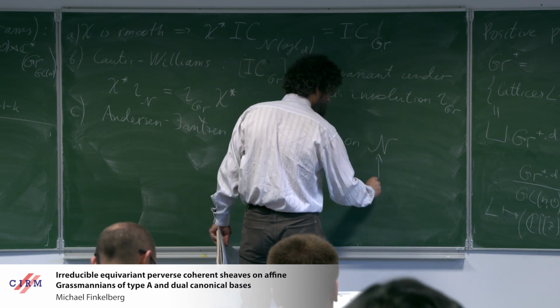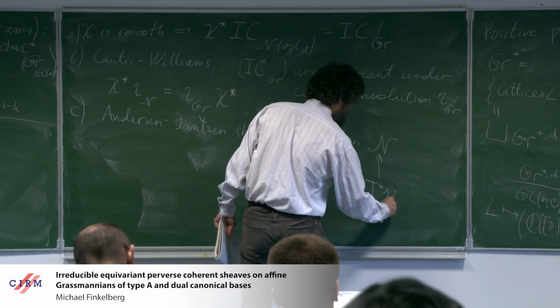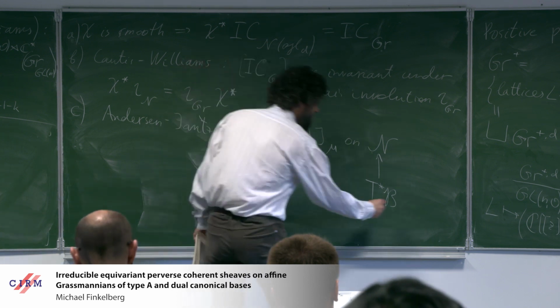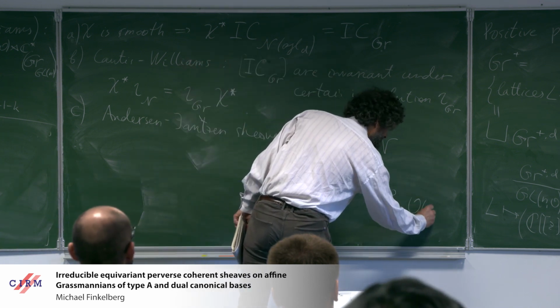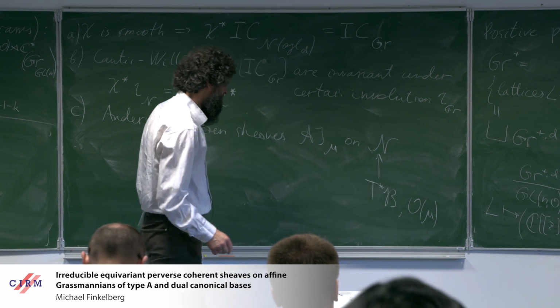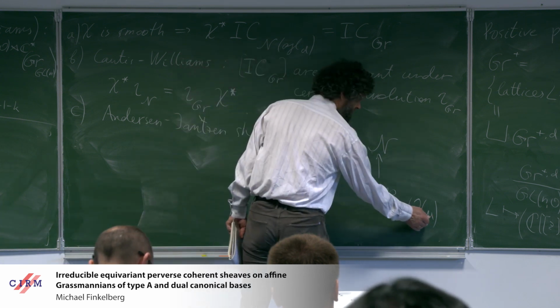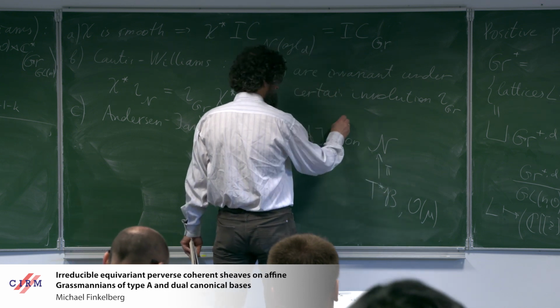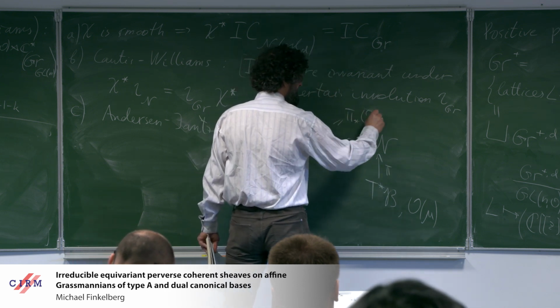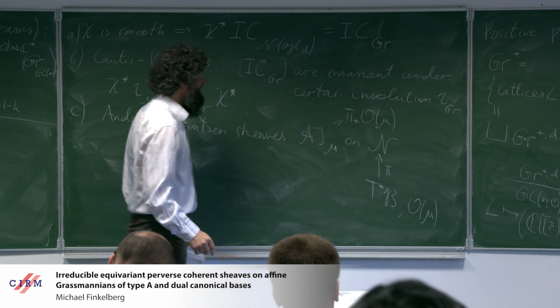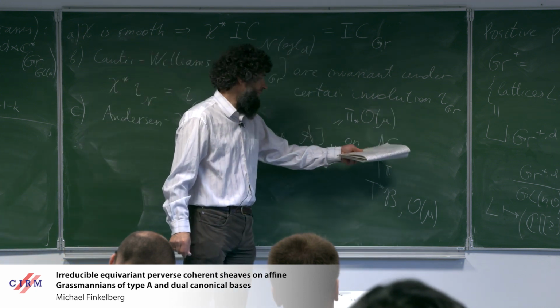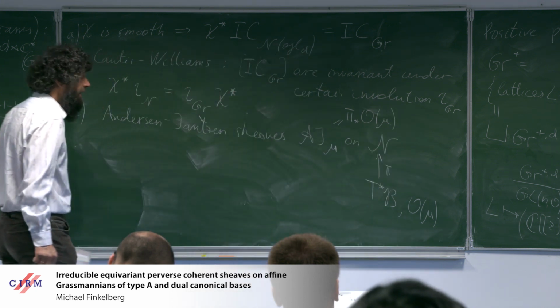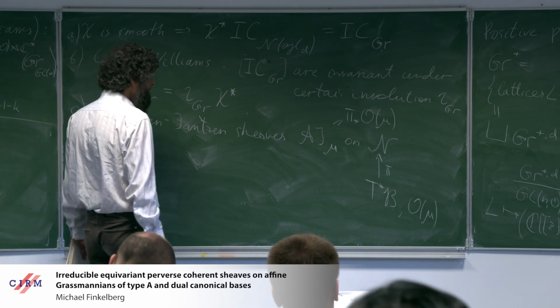Well, there is the Springer resolution from the cotangent bundle of the flag variety. Now it has the line bundle O of mu for dominant mu, and you just take the push forward. Okay, this is another basis of K-theory, of the equivariant K-theory of the nilpotent cone.